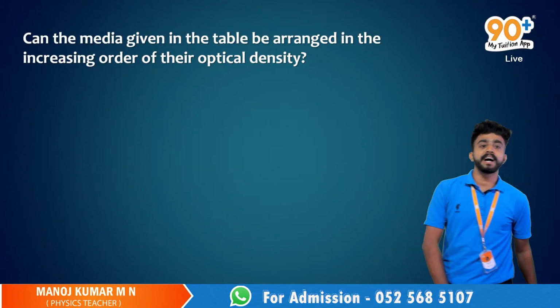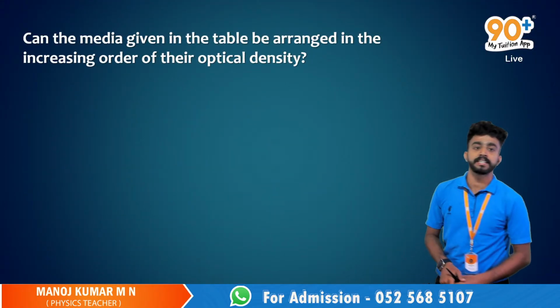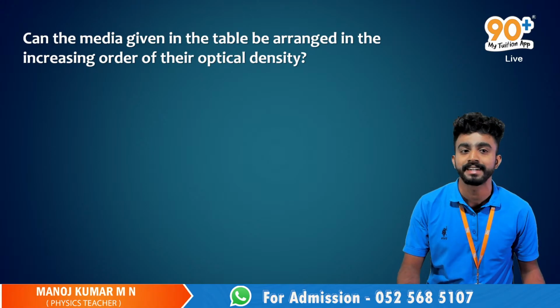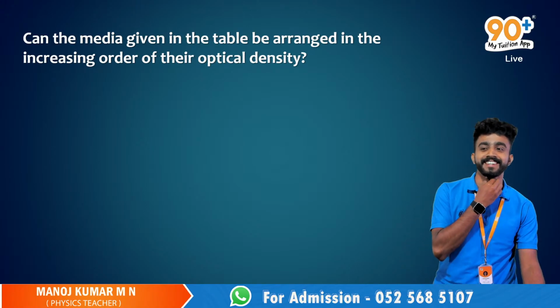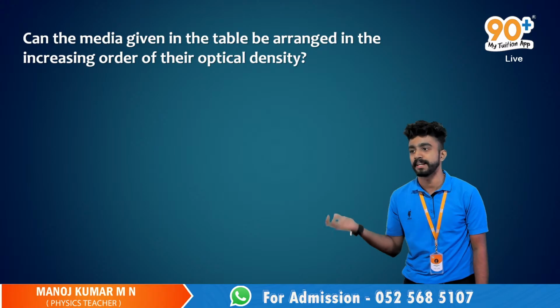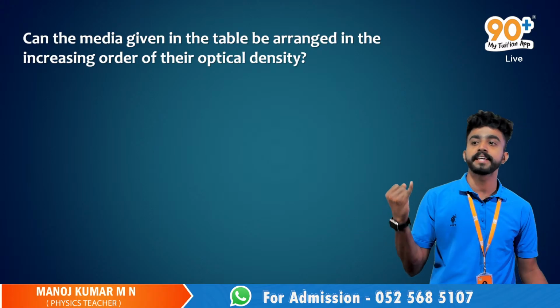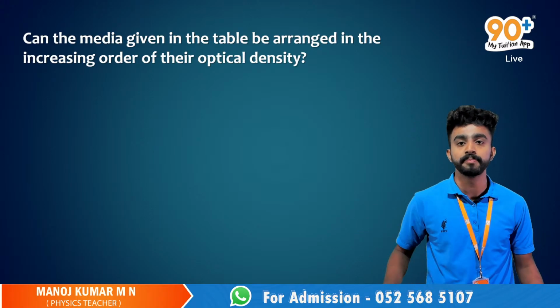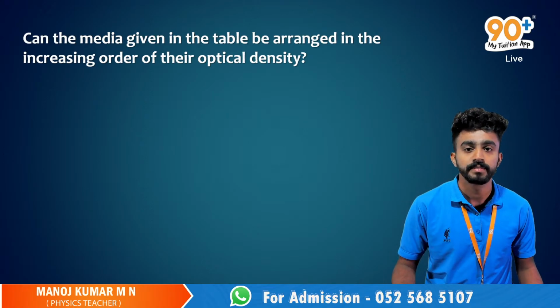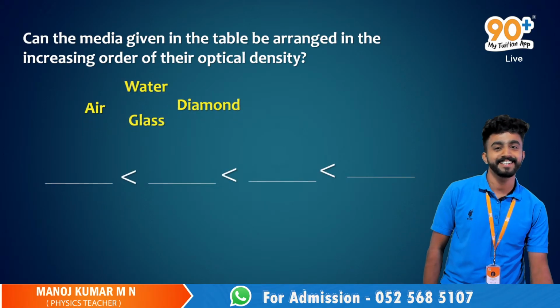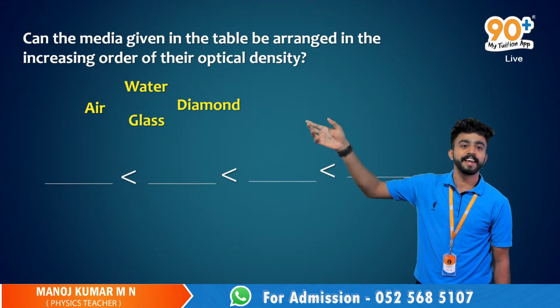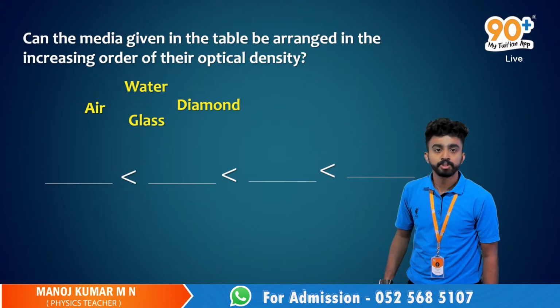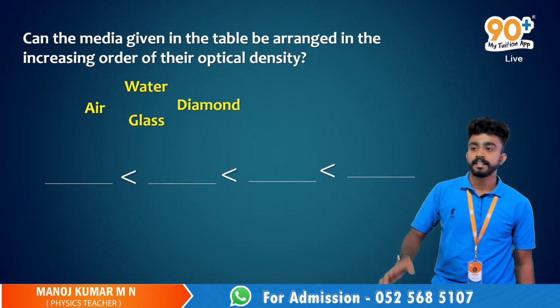Can the media given in the table be arranged in the increasing order of their optical density? So everyone is thinking, where is the table, sir? Please bring a table. Do you want a wooden table or some aluminium table? We will take this simple table of air, glass, water and diamond. You have to arrange it in the ascending order.